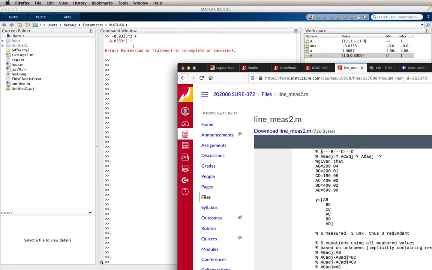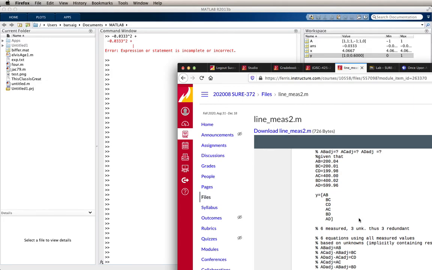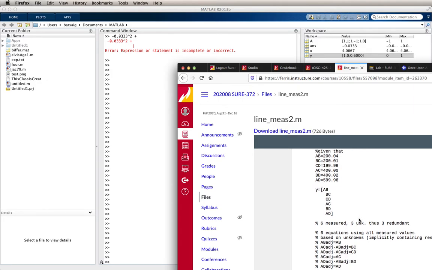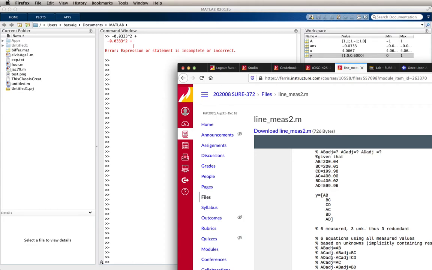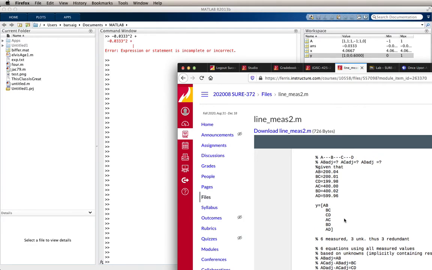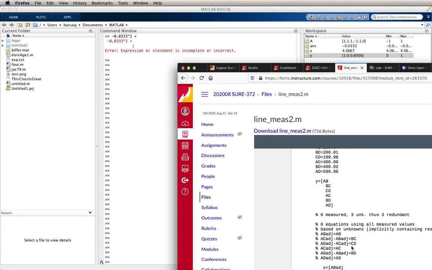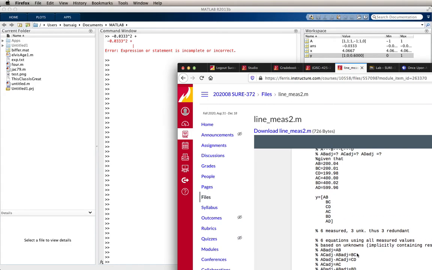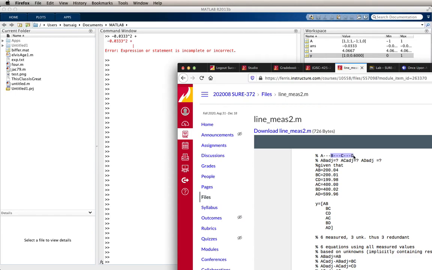CD is going to be the difference between AD and AC. AC as the measured value, theoretically as a function of the unknown, is going to be equal to AC adjusted. BD is AD minus AB.